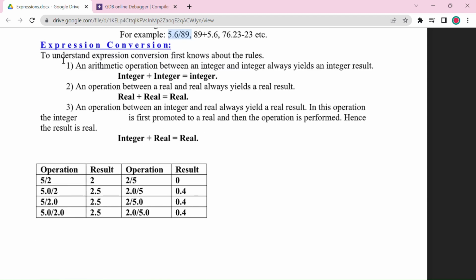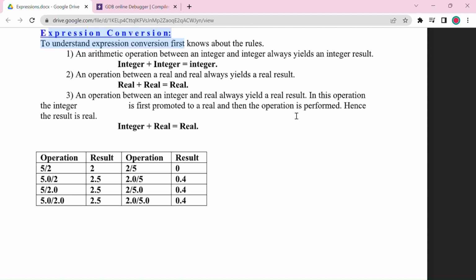Okay, now we have some expression conversions. An operation between integer and real always yields a result in real. So these are the expressions that you can consider: if you're doing an operation between two integer values, it's going to give you an integer output.